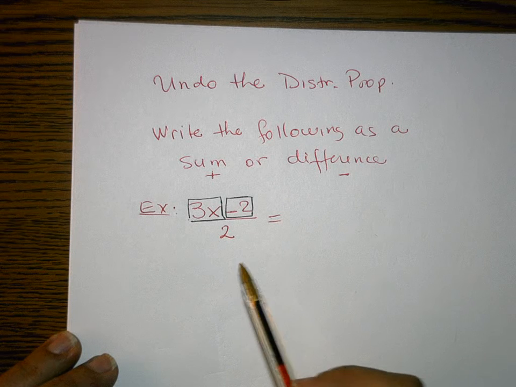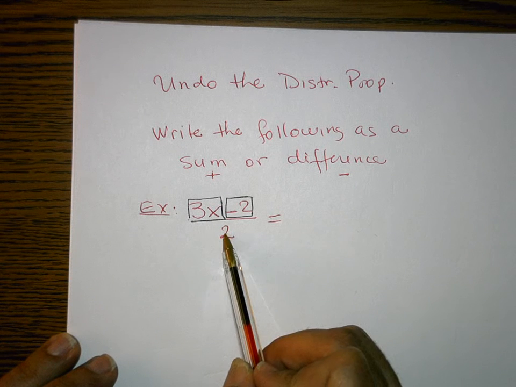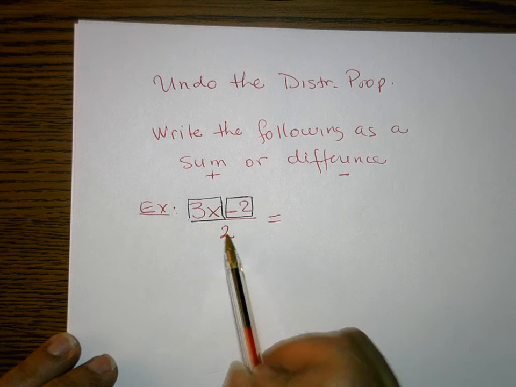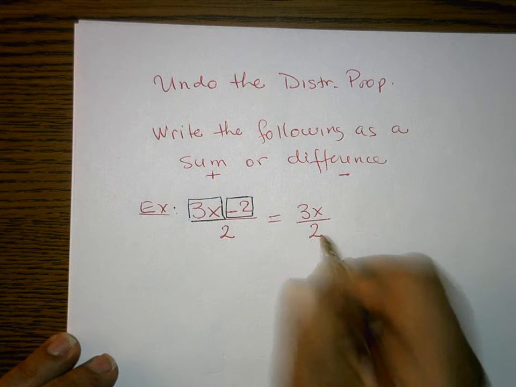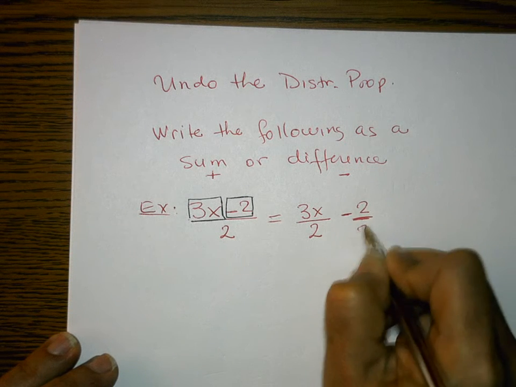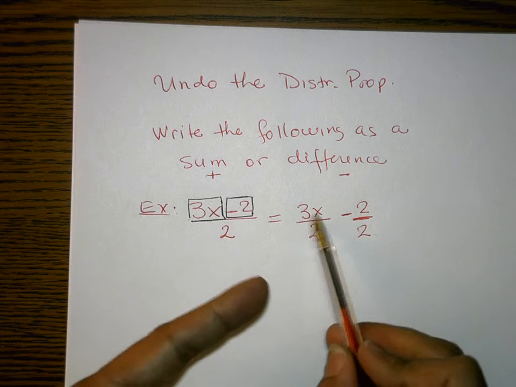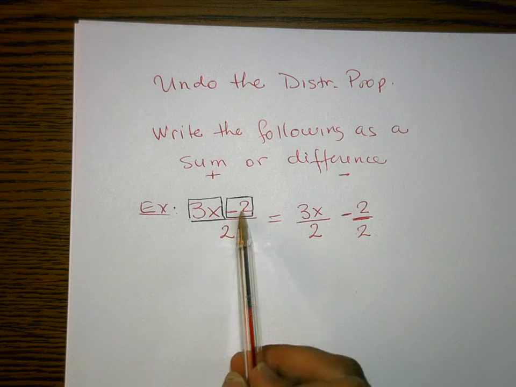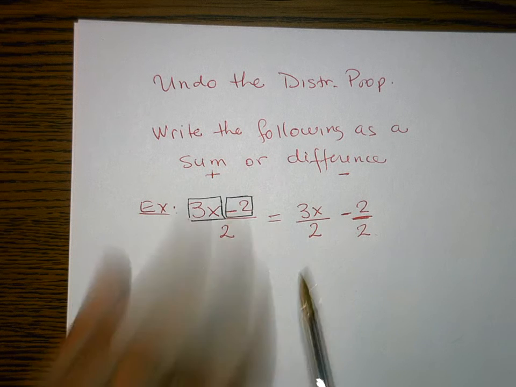So to separate these two, each of them is going to get their own denominator. They're both sharing a denominator right now. We want them to each get their own. So I'm going to have 3x get the 2 denominator, and the negative 2 also get its own denominator. Okay? So I'm still dividing a 3x by a 2, and I'm still dividing a negative 2 by a 2. So these two statements right here, the left side is equivalent to the right side. They're both saying the same thing.